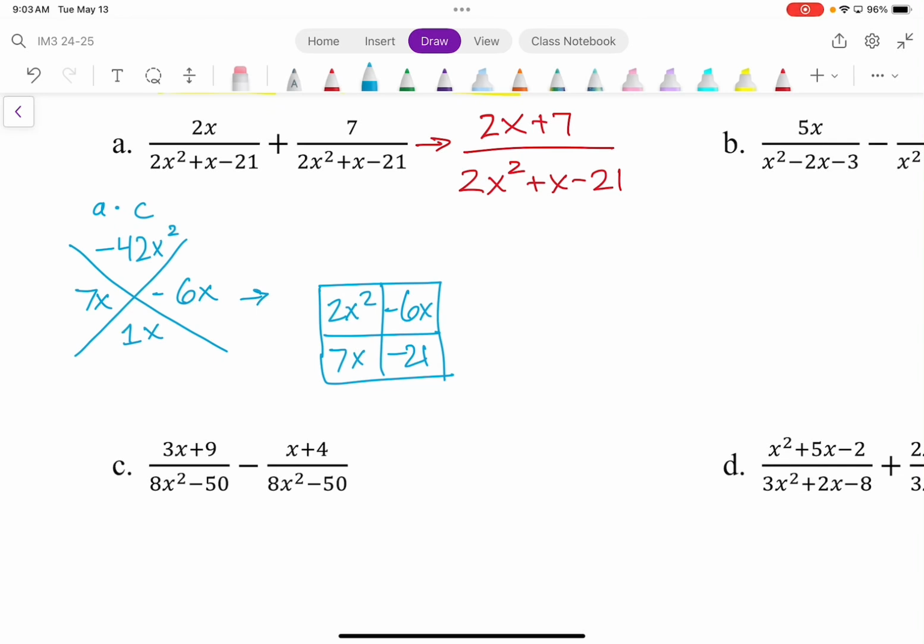What is a factor of 2x squared and negative 6x? 2x. What goes into 7 that goes into 21? 3 doesn't go into 7. 7 goes into 7. 3 goes into 21. So we have our two factors, 2x plus 7 and x minus 3. So we'll go ahead and rewrite our original fraction, 2x plus 7 over (2x plus 7)(x minus 3).